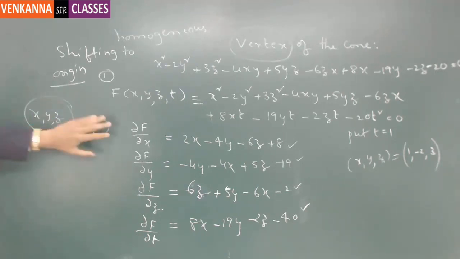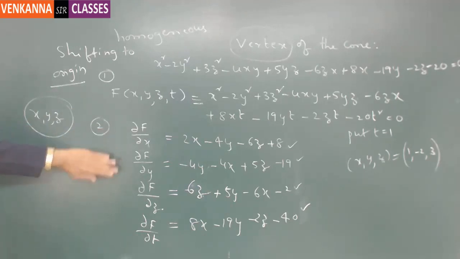If you take dou f by dou x, dou f by dou y, and dou f by dou z, and consider the point of intersection of these three, then that x, y, z will satisfy the next one. So the procedure for finding the vertex of a cone is described like that. I will give some practice problems for you on this concept.